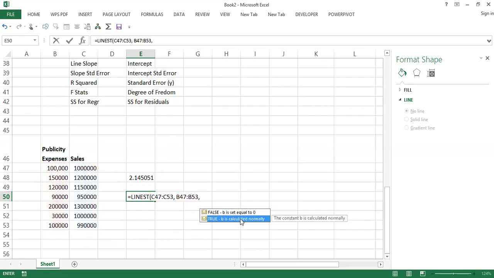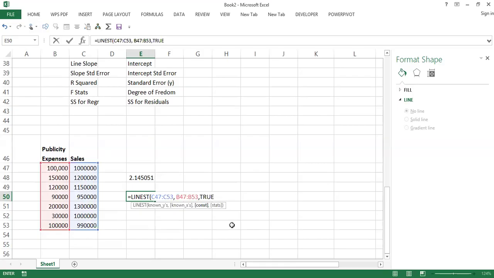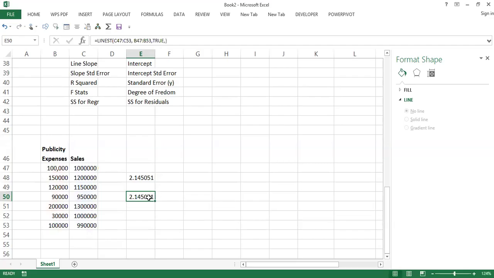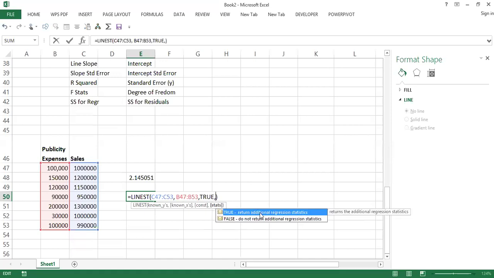Calculated normally, let's use this one normally, and then let's say true. Return additional regression statistics. Let's take true.